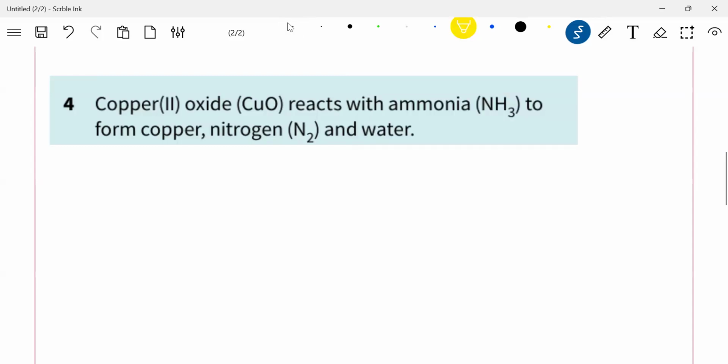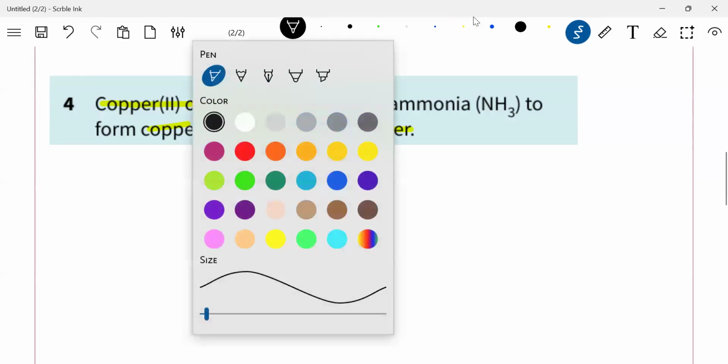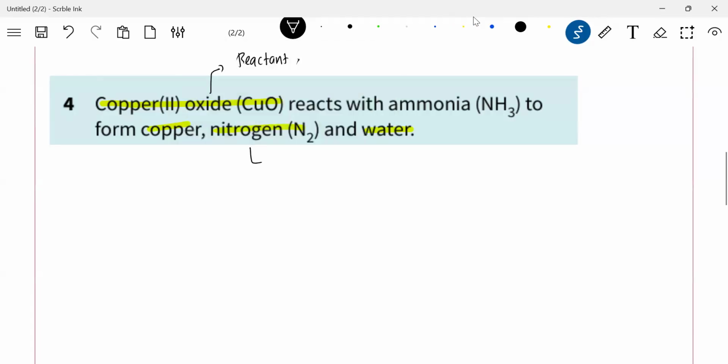This is what we call the reactant. And then what are the products? The products are copper, nitrogen, and also water. This is what we call the products.